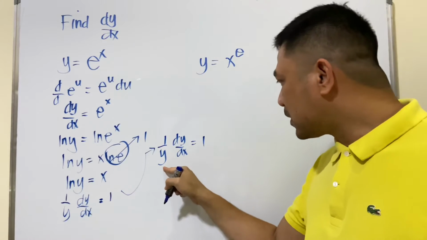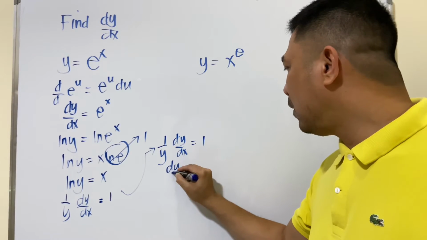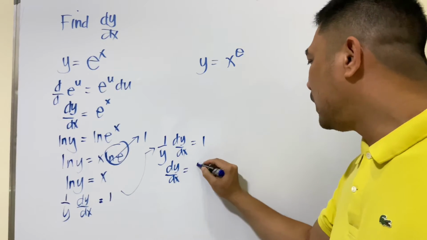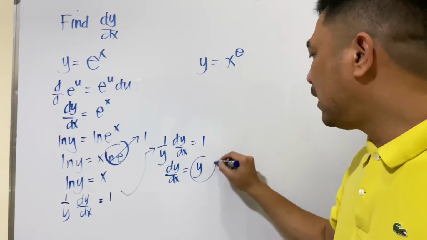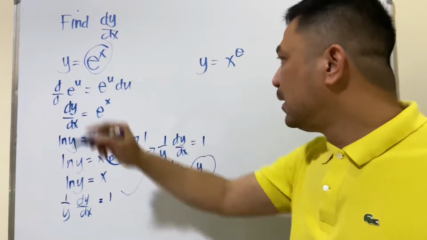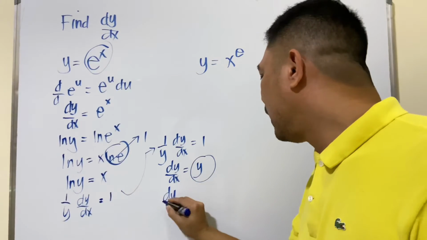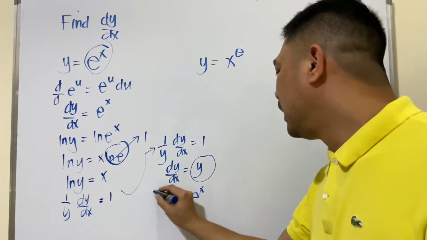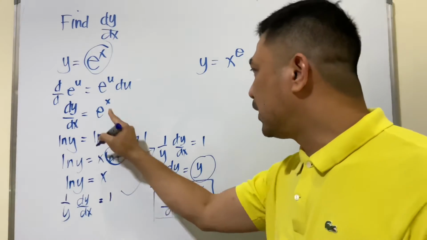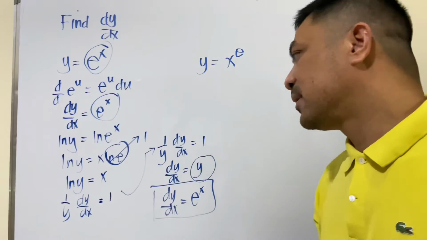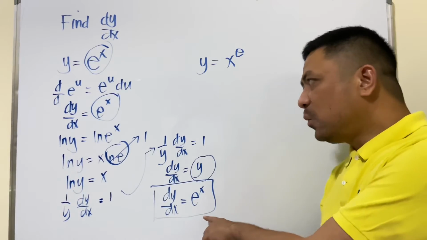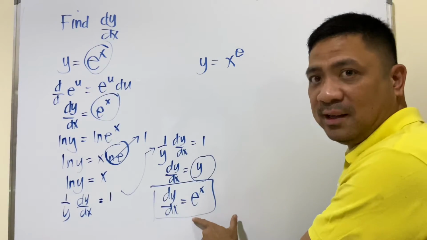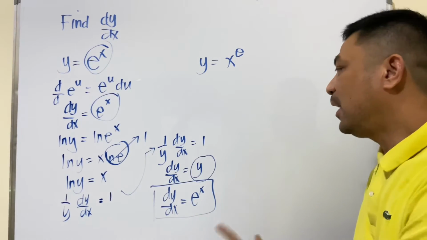Just cross multiply the y, so dy over dx is equal to 1 times y, which is y. But the value of y is e raised to x, so dy over dx is equal to e raised to x. We arrive at the same answer, e raised to x. So this is one way to prove that the derivative of e raised to x is also e raised to x.